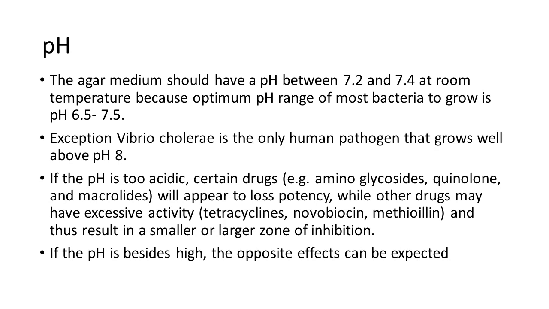So at that time we cannot expect the zone of inhibition. Sometimes we expect the actual size, but the zone of inhibition is reduced. If the pH is higher, sometimes we can expect a very large zone of inhibition.